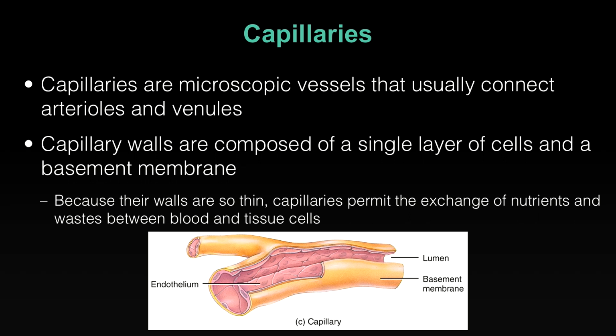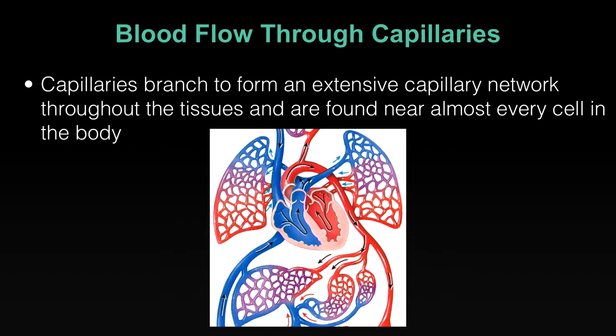And while we look at one capillary tube here, and you can see the lumen, the opening through which the red blood cells would travel, and the singular wall on the outside, they are not isolated. In fact, they often group together and form a meshwork around and into tissues in the body.